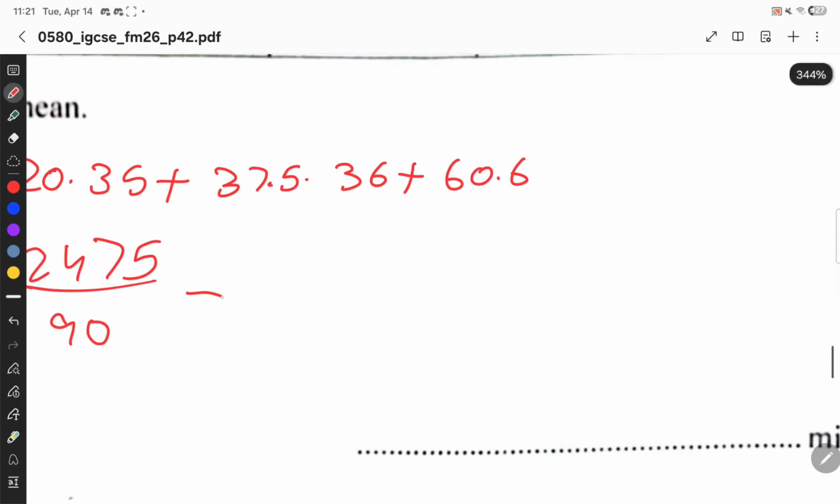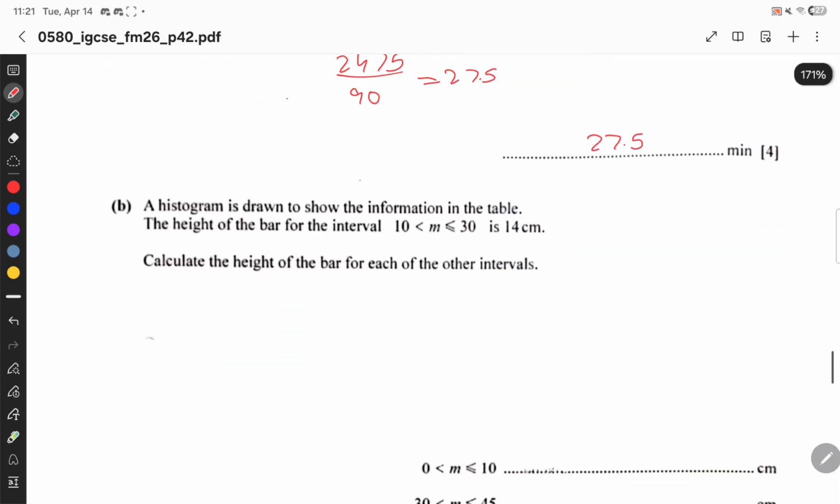It gives us the answer 27.5. A neat value.